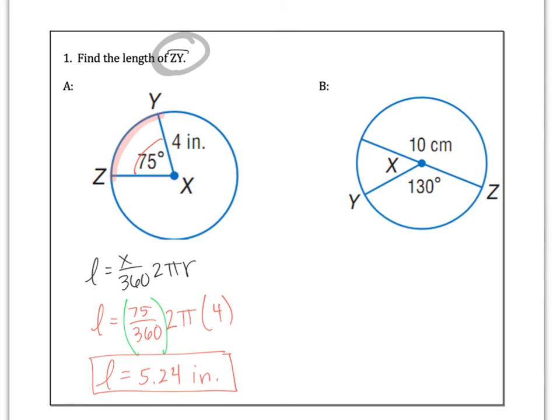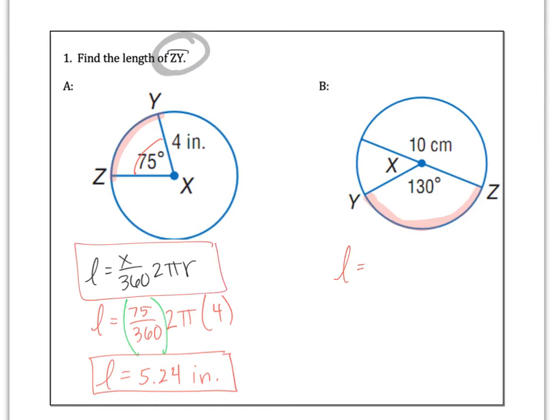Okay, let's try part B. Let's find the length of arc. Remember, up at the top, we're still finding arc ZY, so we're finding this arc down here. There's arc ZY. All right, here we go. Our formula is L equals x over 360.